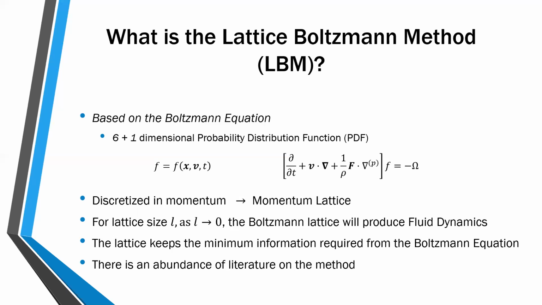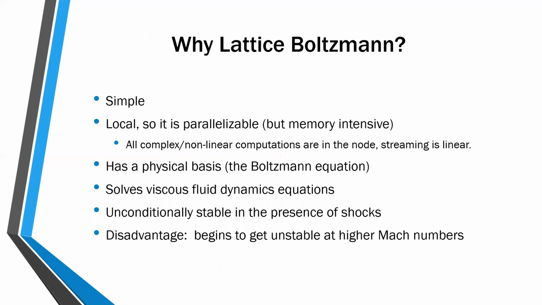And there's a lot of literature on it that it was not that long ago. It was brand new to me, and I read a lot of information about it. One of the good things about it, it's simple, clearly local, therefore it's parallelizable. So what happens is we have the lattice nodes, standard X, Y, Z kind of lattice.